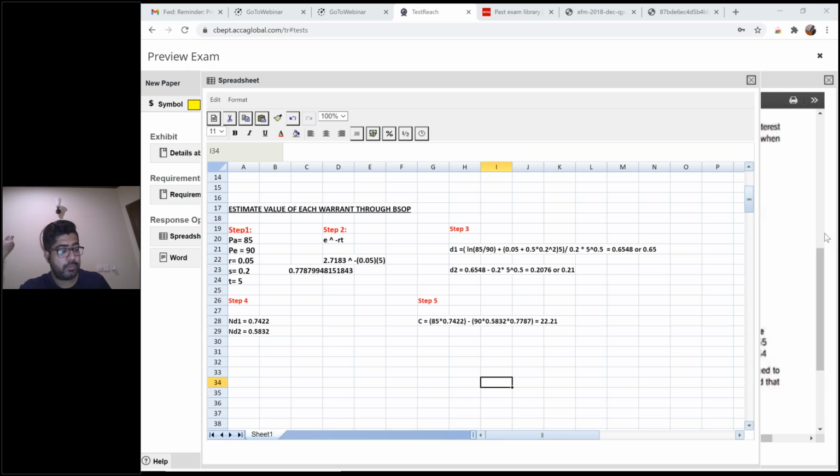As I said, there is no rule, but the only restriction is on D1 and D2.